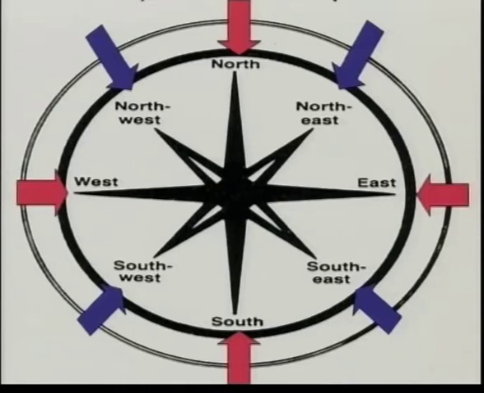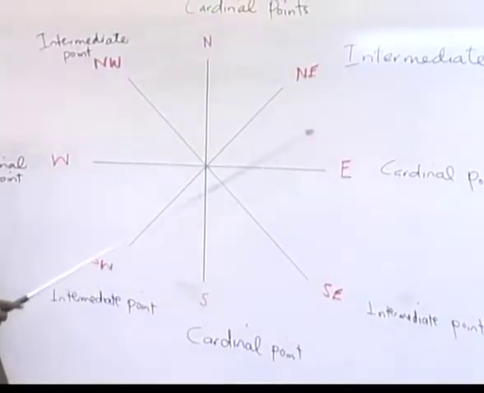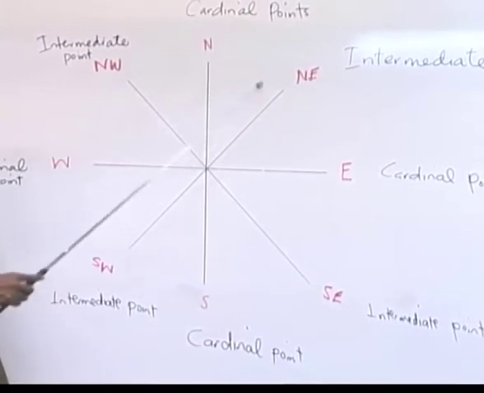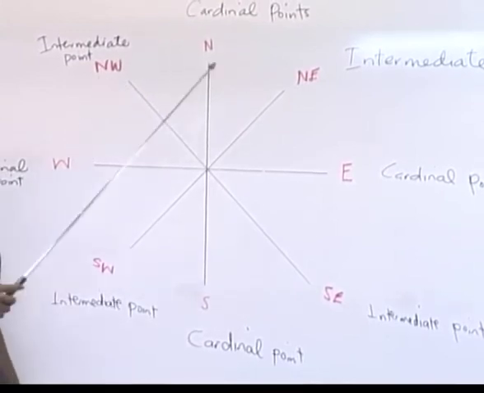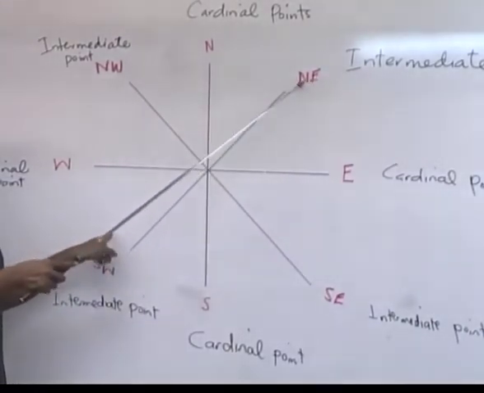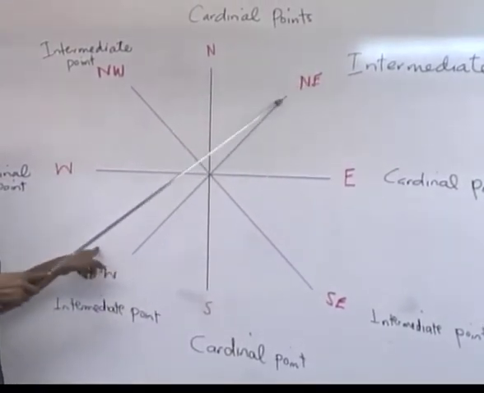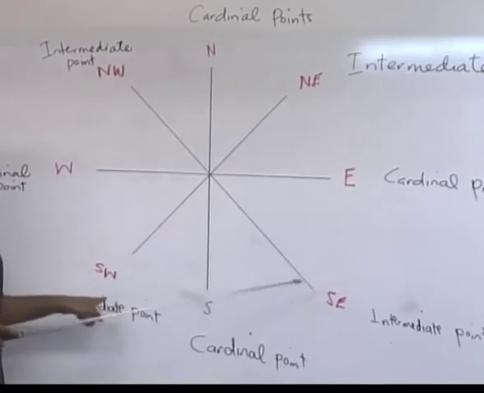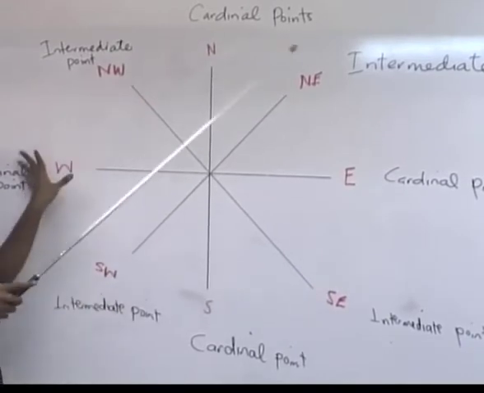Right, anyone finished? Good. Those of you who have finished, you just copy the compass points down: north, south, west, east, and then the intermediate points in between: northeast, southeast, southwest, northwest, and you are done.